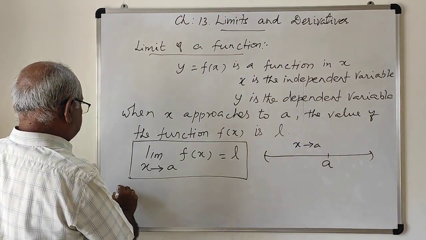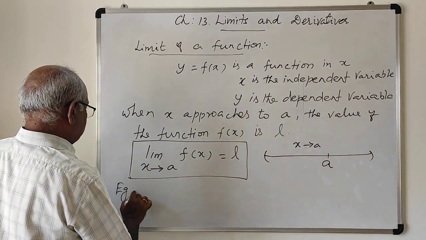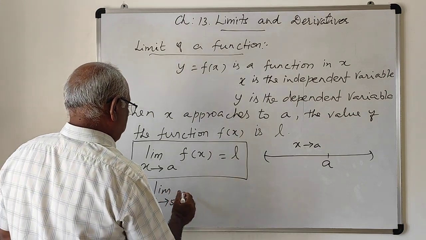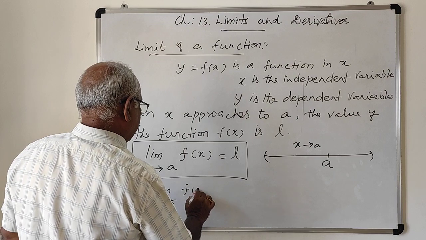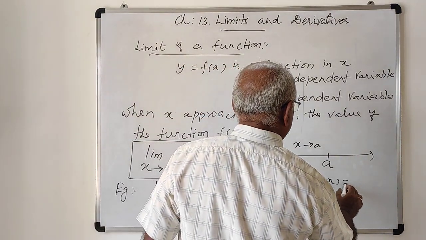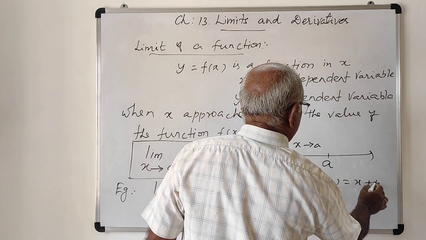For example, limit x tends to 5 of f of x, where f of x is x plus 5.